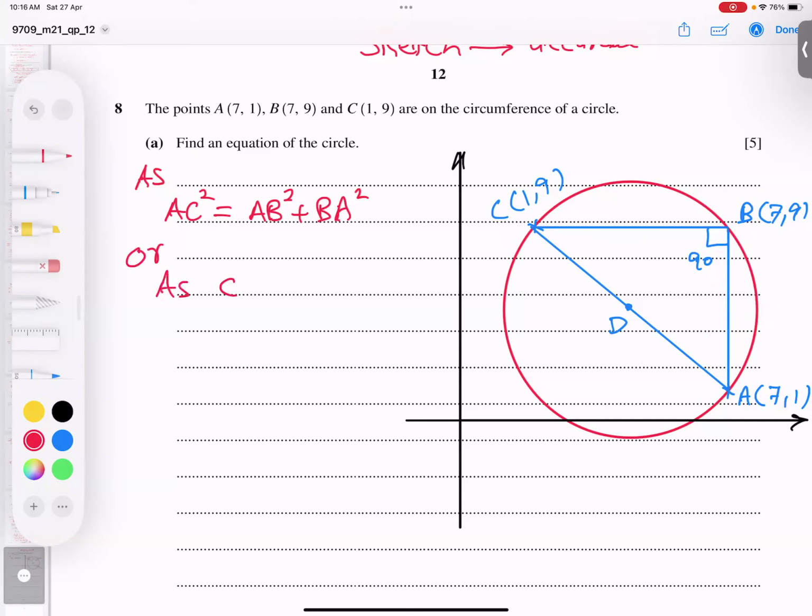Or you can say, as clear from the diagram, that at B we have a right angle.